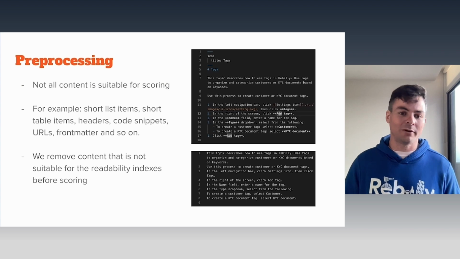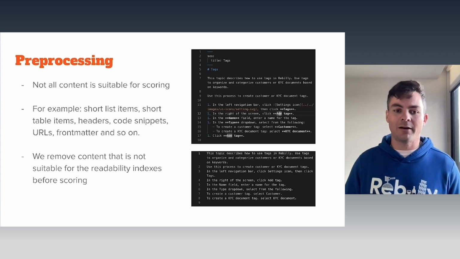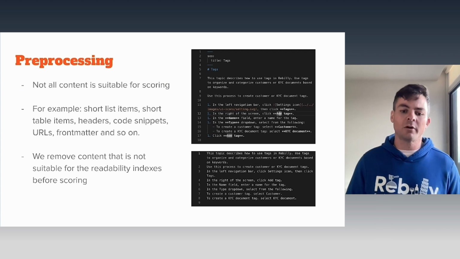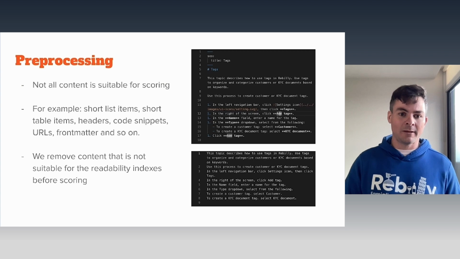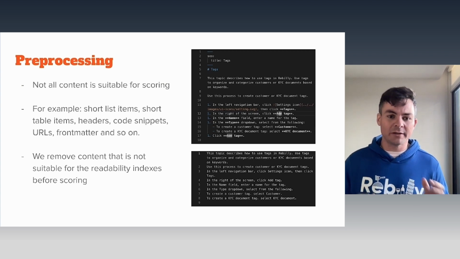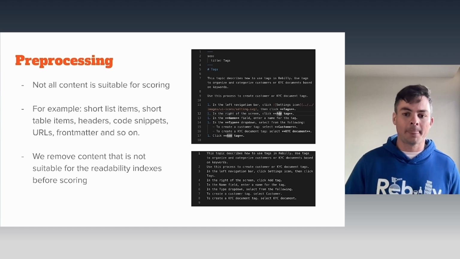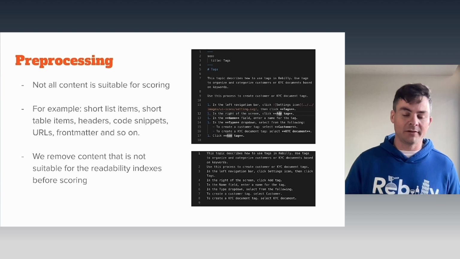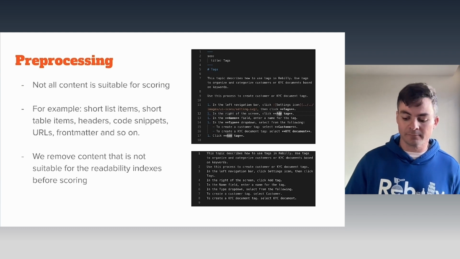Things like short list items, table items, code, front matter, they're all going to show either false positive improvement or false negative impact on the score. So we do need to massage it a little bit before we score it. We remove those items and we add periods to certain places, just to be able to get a more reliable readability score.